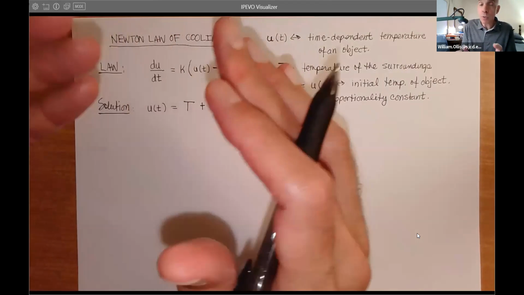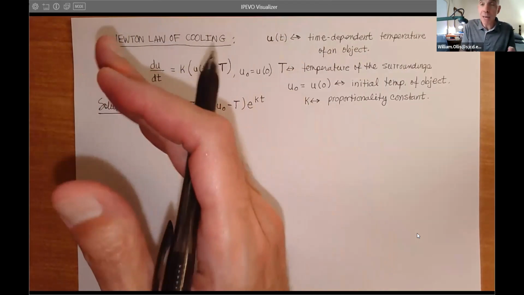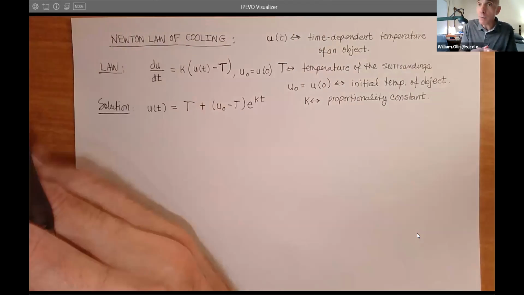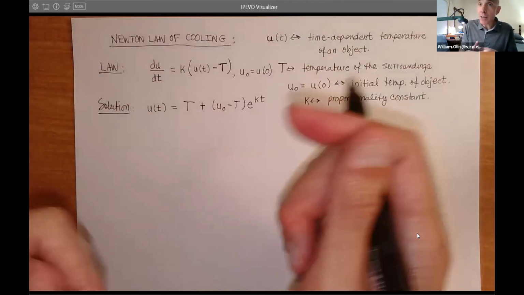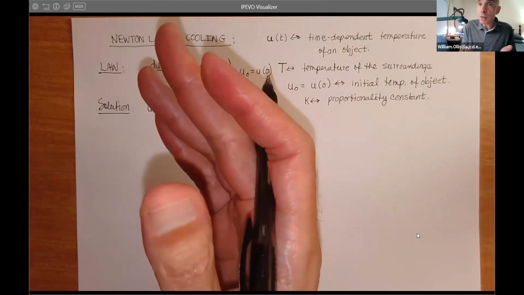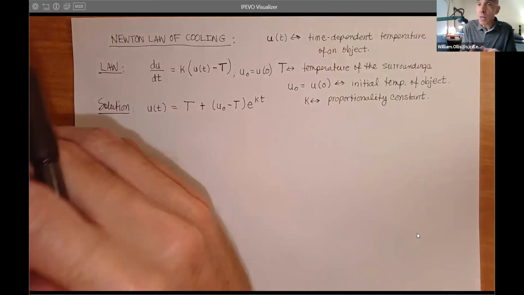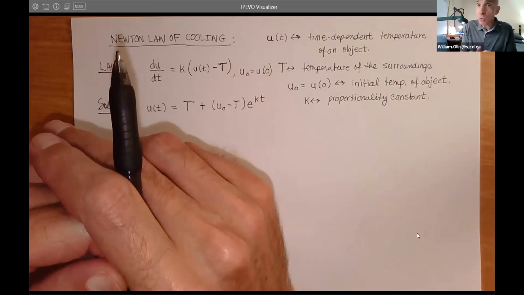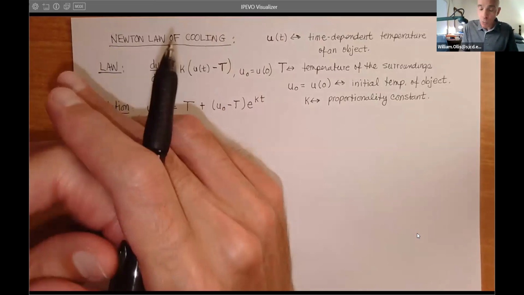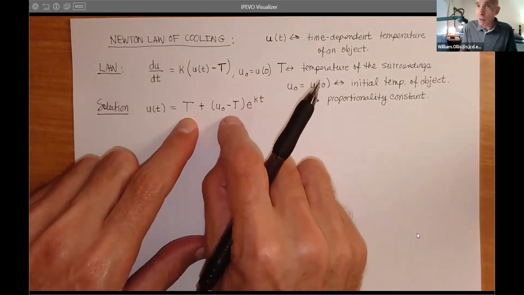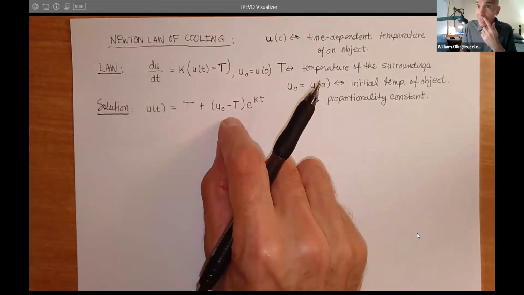Maybe you get home at night and you throw a pizza in the oven, and you take it out of the oven. You don't eat it right away because you want it to cool, so you leave it on top of the stove for 10 or 15 minutes, and then you eat it. So we really do depend on this law. We observe it every day.